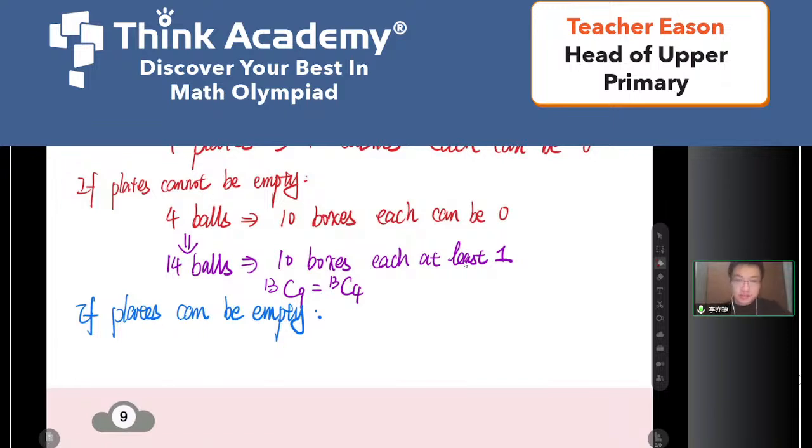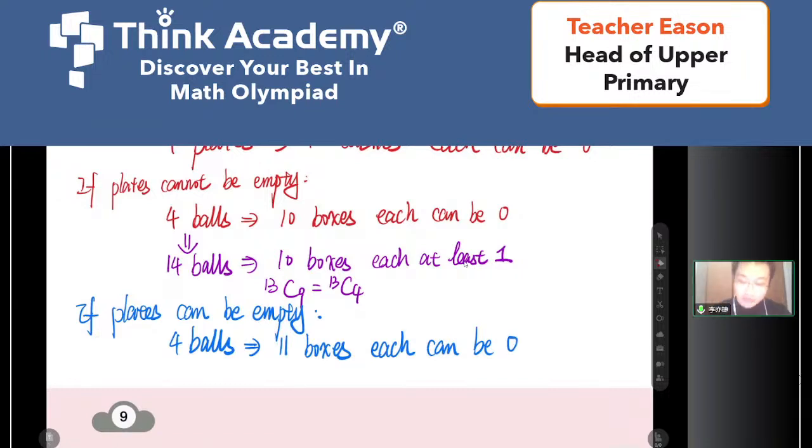So if a place can be empty, we still have 4 balls, but instead of 10 dishes, we actually have 11 dishes, 11 boxes. The 11th is for empty. So now we have 4 balls distributed into 11 boxes, and each box can be 0.